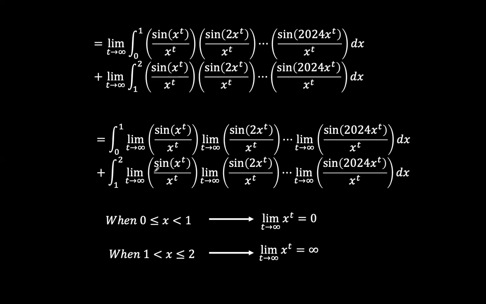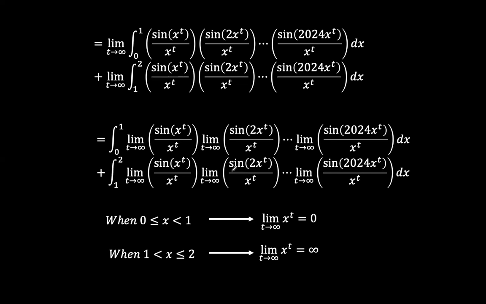And since sine of x to the power t, even if x to the power t tends to infinity, still oscillates between -1 and 1, yet the denominator here tends to infinity, we'll see that these individual terms tend to 0, right?